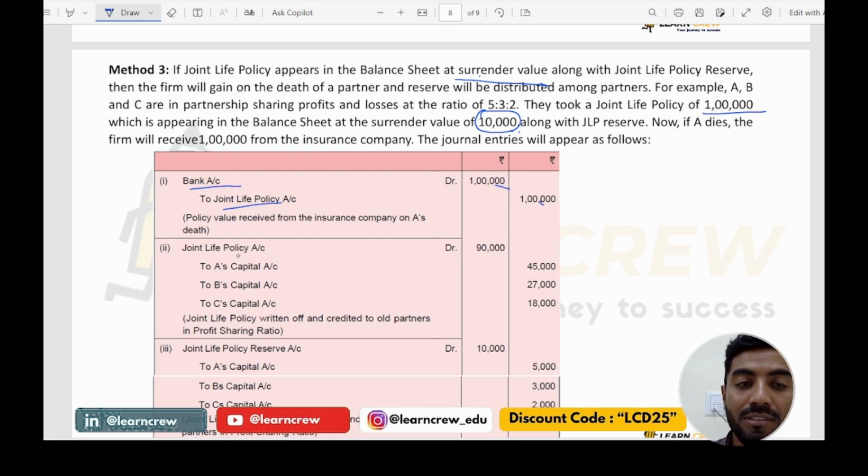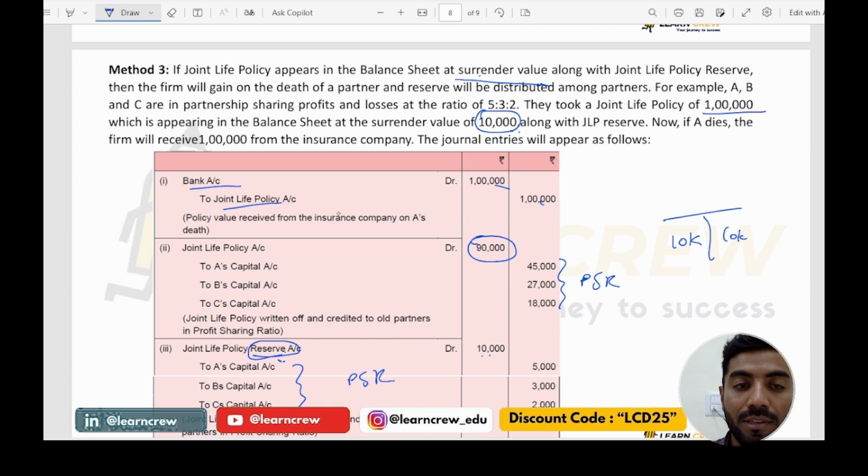But here, the balance of 90,000 in the joint life policy account will be shared among the partners in the profit sharing ratio. Then there's one more thing, that is the reserves. Joint life policy reserves will be there. That reserve will also be shared among the partners in the profit sharing ratio. Reserves as in 10,000. The joint life policy shows 10,000, and the reserves account also shows a 10,000 balance.